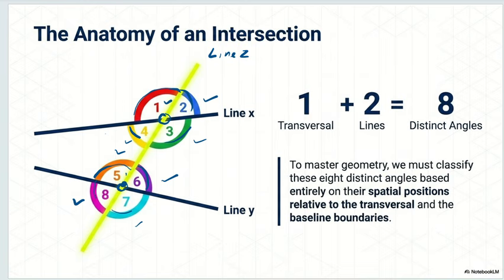What is the meaning of 8 here? 8 is the number of angles formed by the transversal line and the two lines. Okay, got it? So here you can see 1, 2, 3, 4, 5, 6, 7, 8. These are the 8 angles that are formed when the line Z, or we can say the transversal line, intersects the two lines.